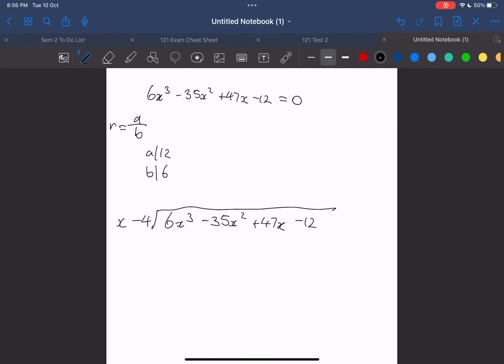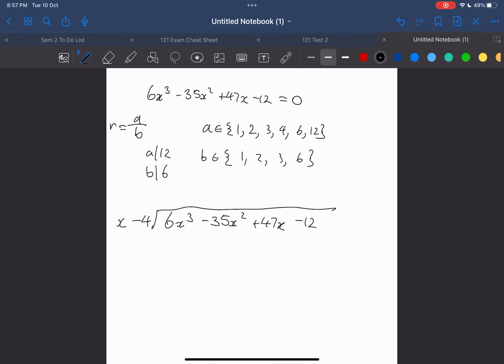Like a could be one. Oh, sorry, this symbol here, I didn't explain it. This means a divides 12 and b divides 6. I'm not saying a is equal to 12 or b is equal to 6.